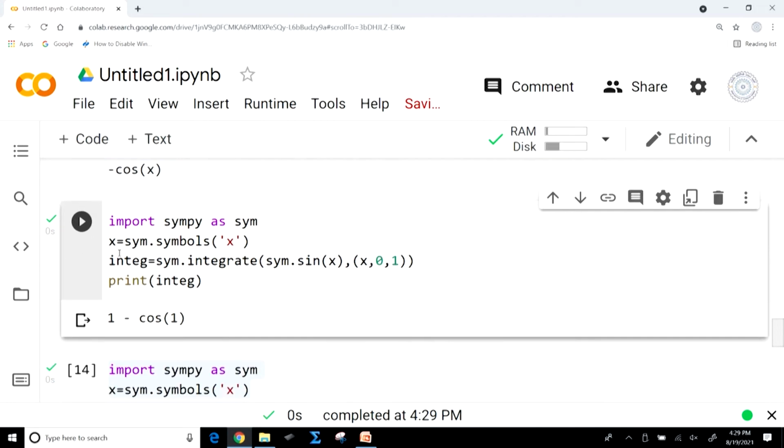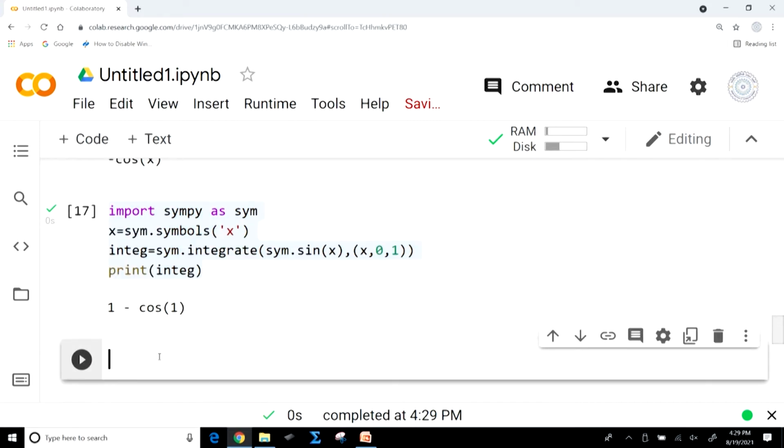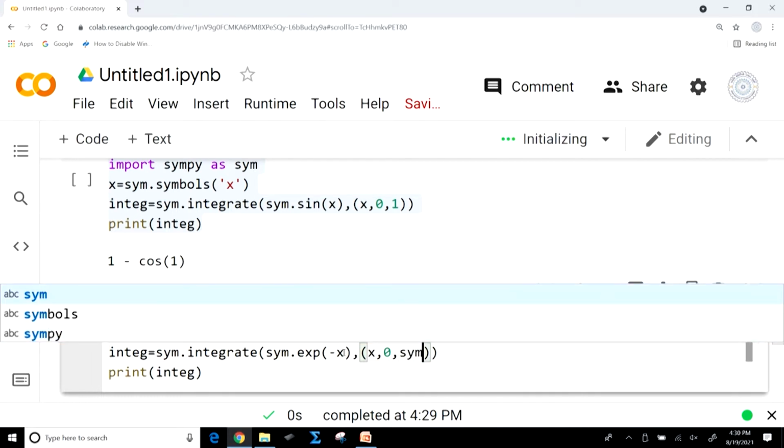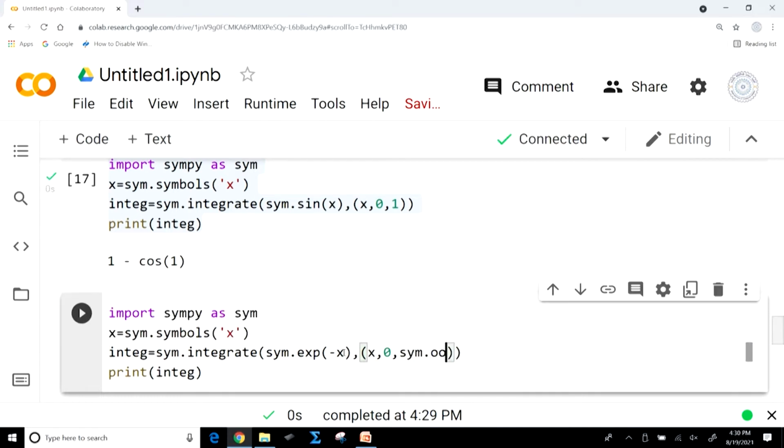Suppose you want to integrate, say, e raised to power minus x from 0 to infinity. How do you call infinity here? For infinity you simply write simp dot double o.